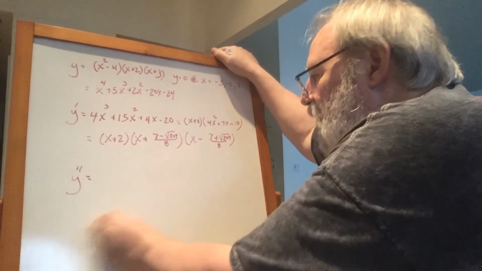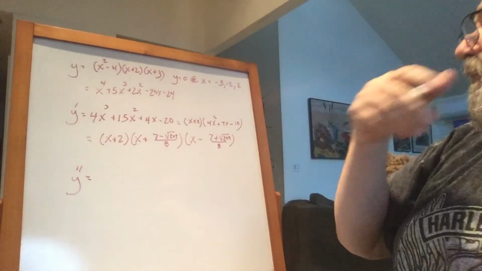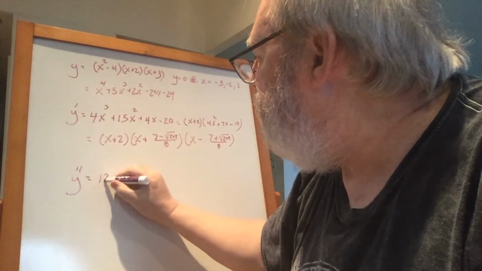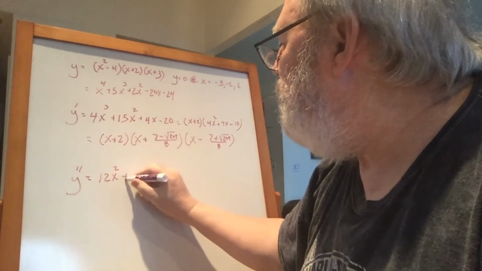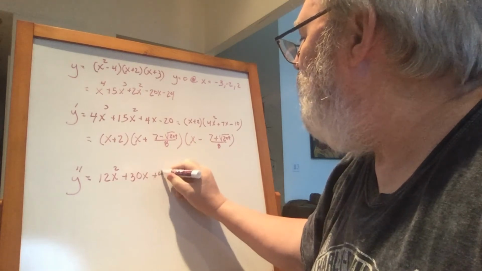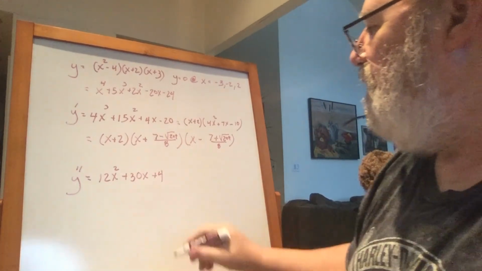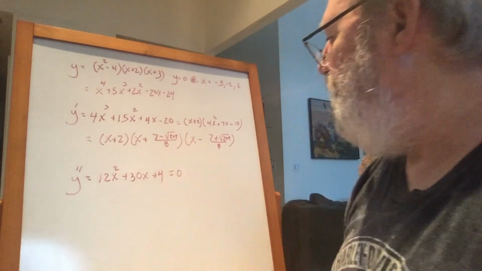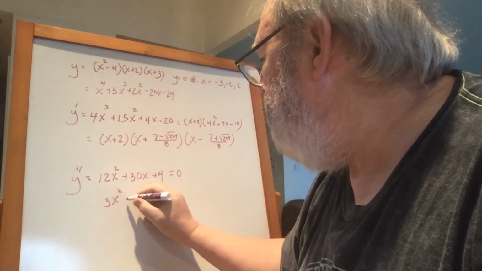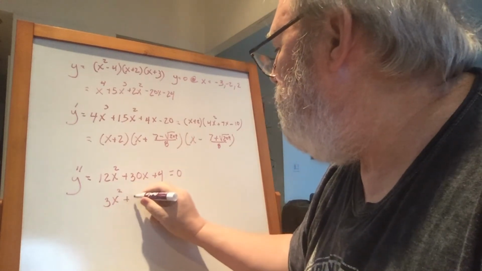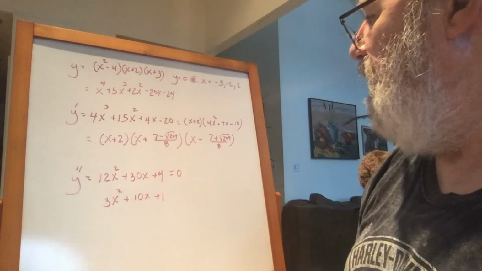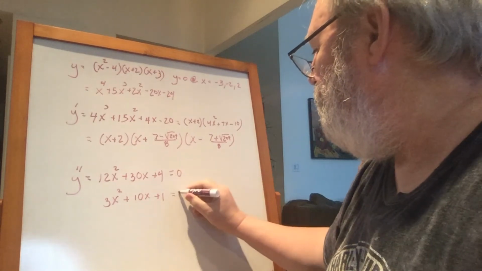So when you take a look at the zeros of y double prime, and y double prime happens to be 12x squared plus 30x plus 4, okay? This you can factor out, and that's going to be equal to 0. So we can factor out 4, so we got 3x squared plus 10x plus 1. I believe that works out, equals 0.